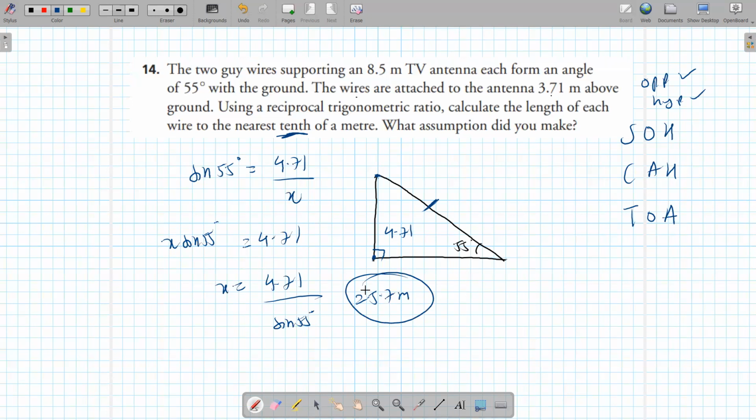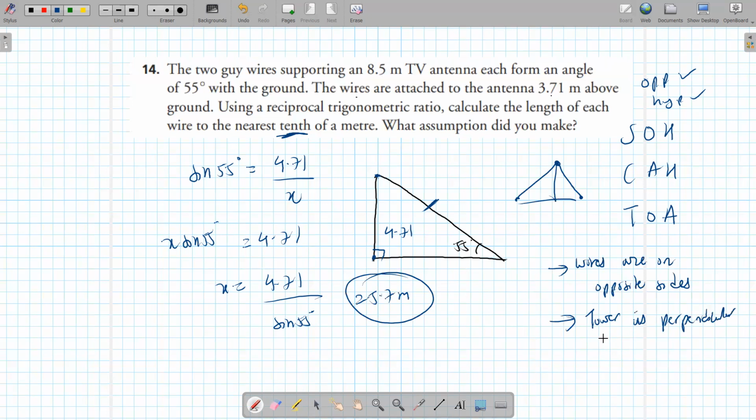Okay? So that's the length of the wire. What assumption did we make? Well, we assumed that the wires are on opposite sides, right? We said one was here and one was here. And then we also assumed that the antenna is perpendicular to the ground.